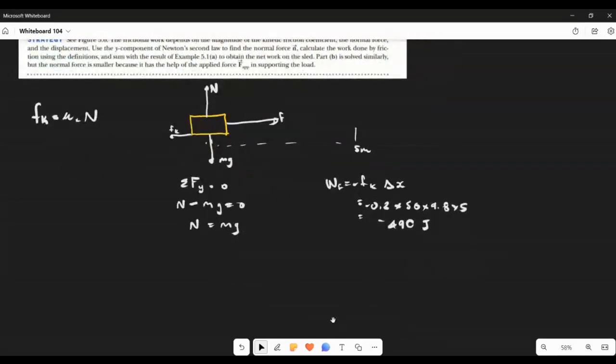And obviously, we want the net work. Net work is F net times change in x, and we know that's 120. Can we just do this? Can we say 120 minus 0.2 times 50 times 9.8, right? That's that force minus that force, in brackets, times 5. I think we can do that, and we should get the net work.